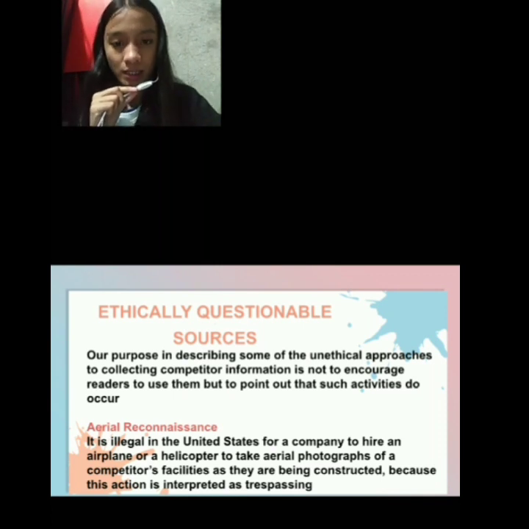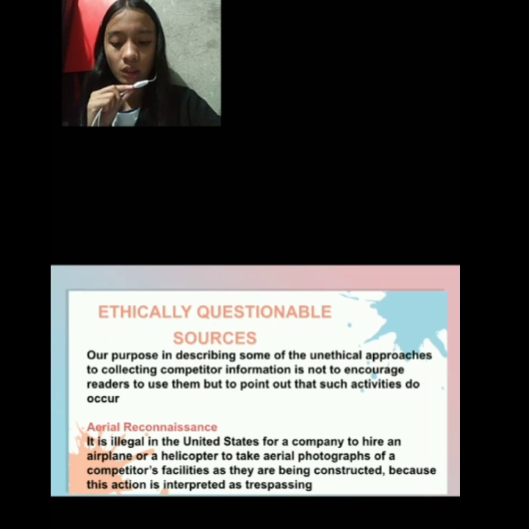So, aerial reconnaissance. It is illegal in the United States for a company to hire an airplane or a helicopter to take aerial photographs of a competitor's facilities as they are being constructed, because this action is interpreted as trespassing.